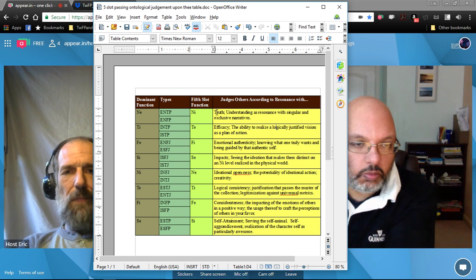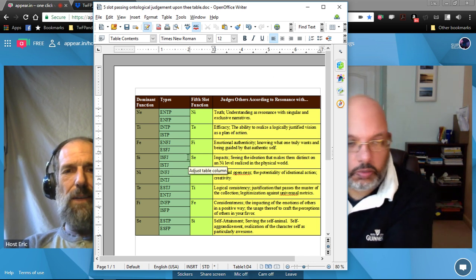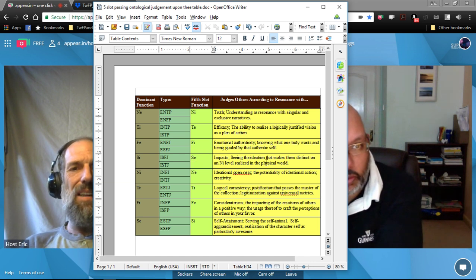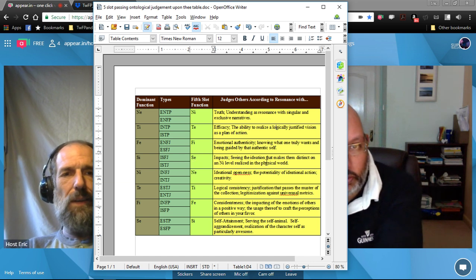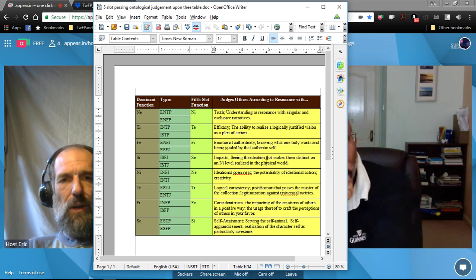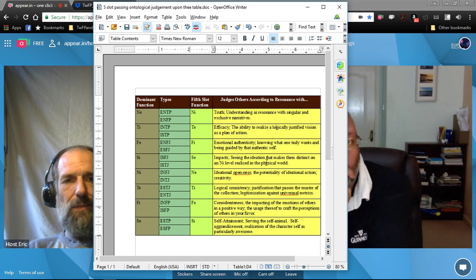So, what we see here then on FE, ENFJ, ESFJ, FI being the fifth slot function, that means they judge others by the emotional authenticity of others, and they judge others by how well those others know what they truly want, and how much they're guided by their authentic selves, and assume themselves successful at that regardless of data to the contrary.